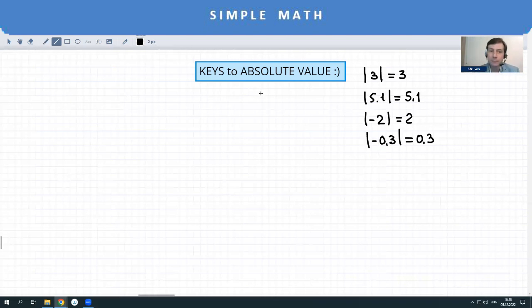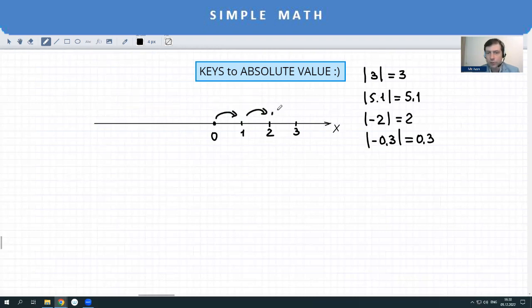And usually you are taught in a way that absolute value is a concept which is basically about the distance from the 0 point on the number line to the certain number. So if we have like 1, 2, 3, we think of how many steps I should take. Okay, 1, 2, 3, 3 steps.